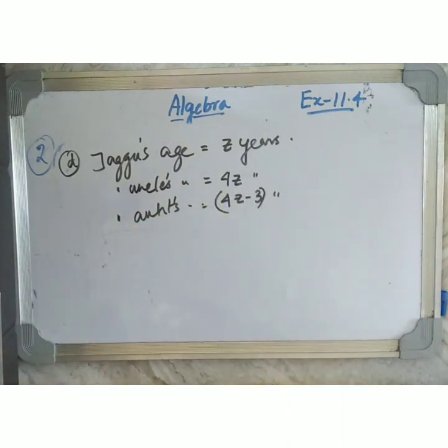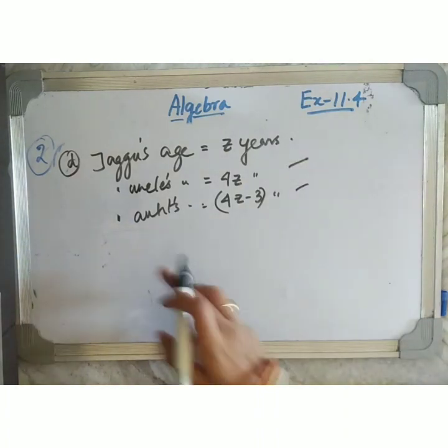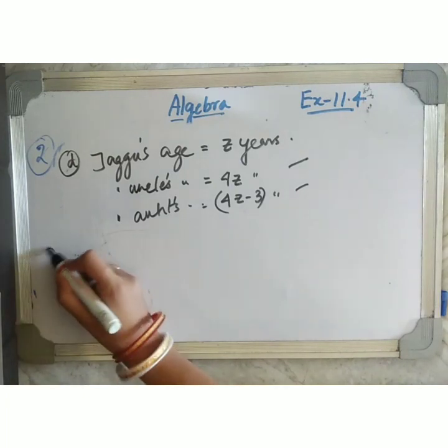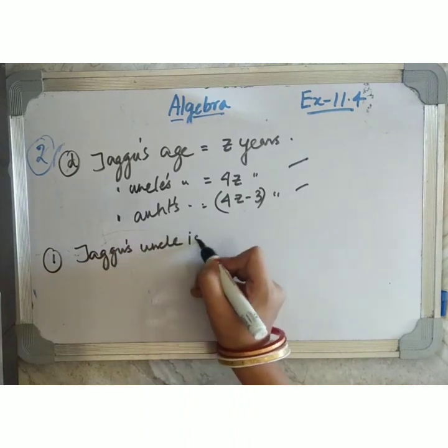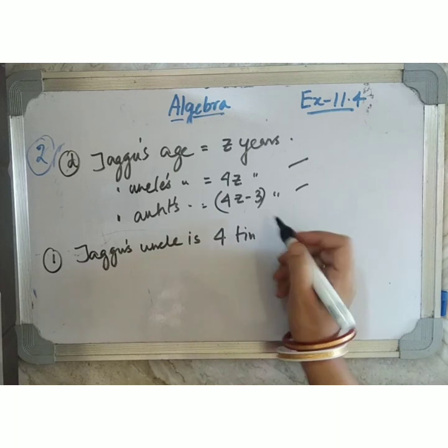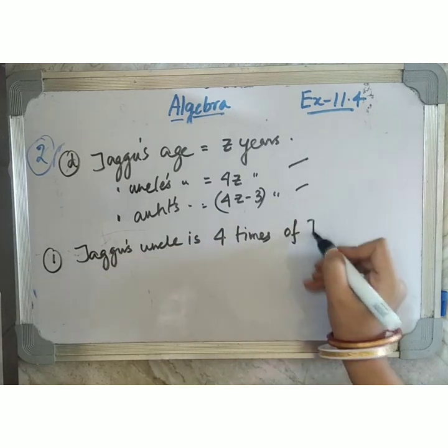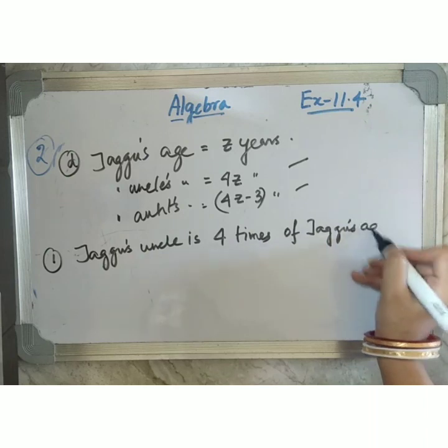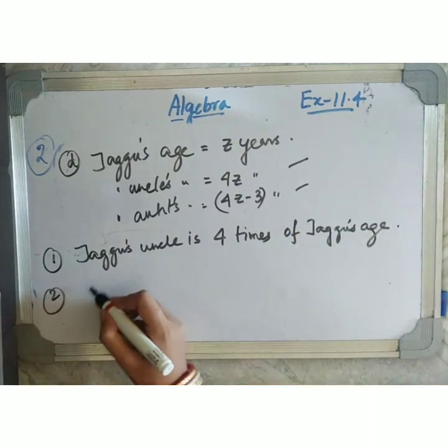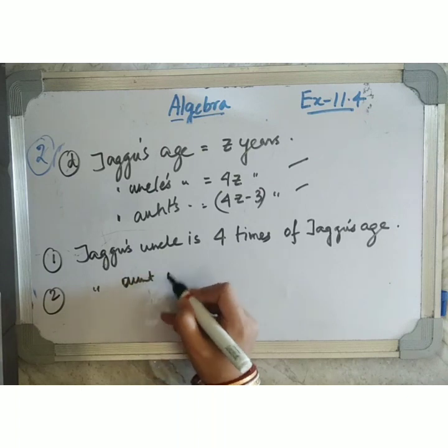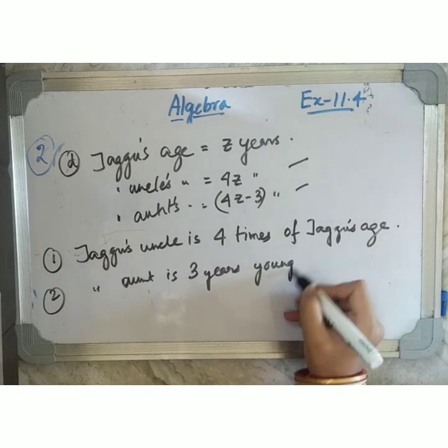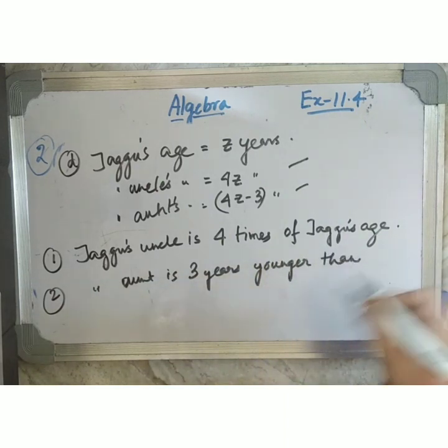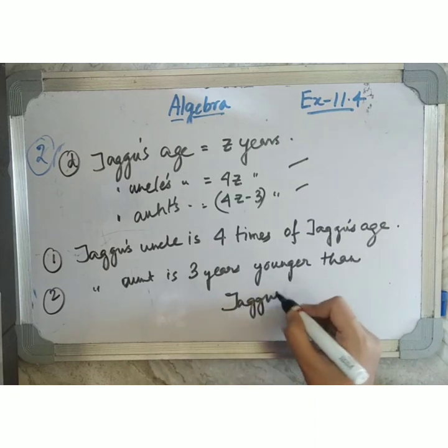Now what to write for Jaggu's uncle and Jaggu's aunt? You can easily say Jaggu's uncle's age is 4 times Jaggu's age. So let's write it. Jaggu's uncle is 4 times Jaggu's age, 4Z, and Jaggu's aunt is 3 years younger than Jaggu's uncle.